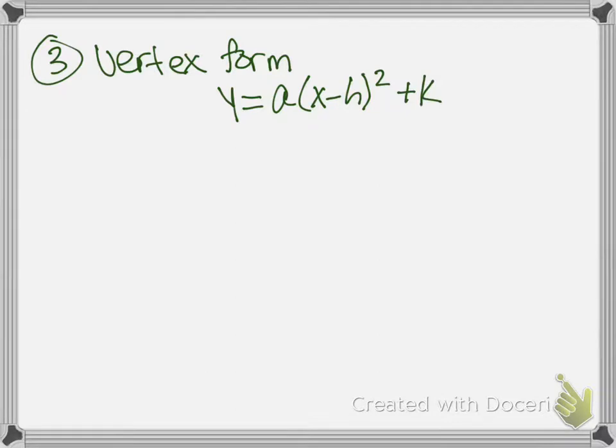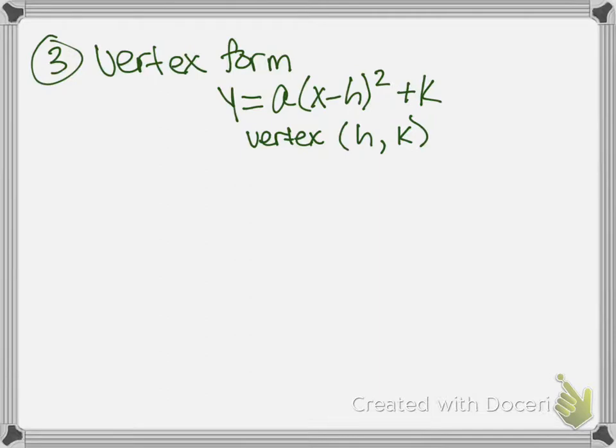So this is a lot of letters, but all those letters give us the vertex. So in vertex form, the vertex is the h and the k value. So if I look, h and k are in the equation, so all I have to do is pull out those two numbers and I have the vertex. So that's why vertex form is one of the best forms for finding the vertex.